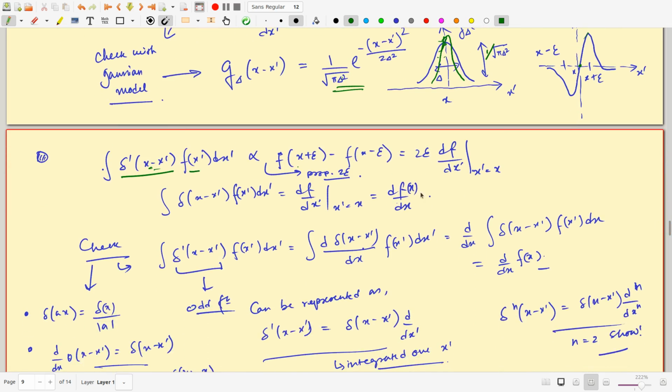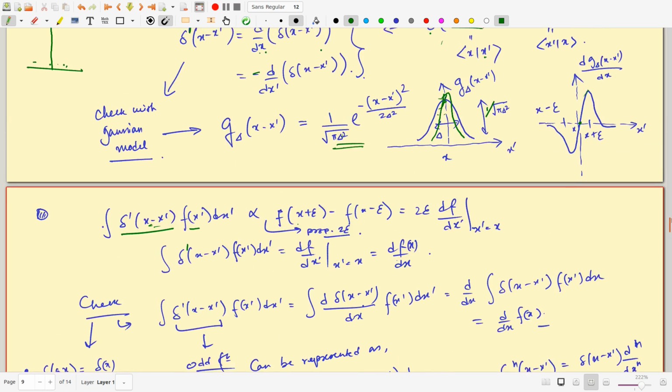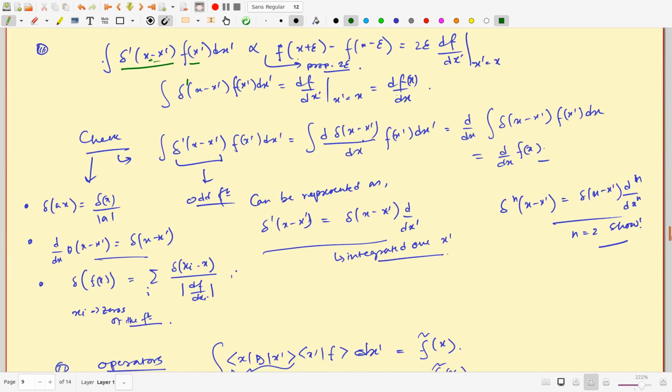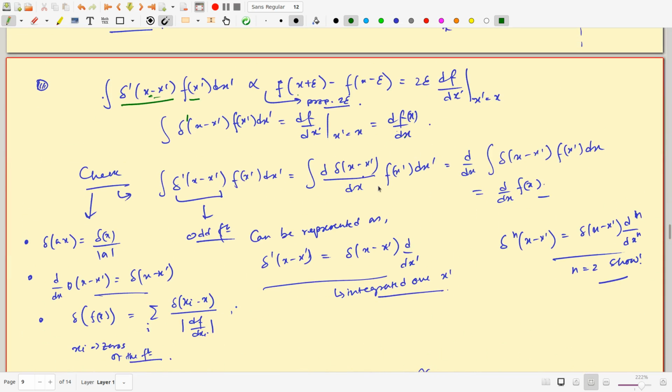You can write it as 2 epsilon df/dx prime, at x prime equal to x. So this derivative function is nothing but df(x)/dx, and that is just to establish that this derivative is indeed something like this. And when you add this, you will also get this df(x)/dx.